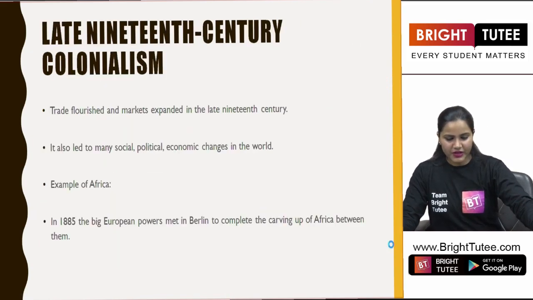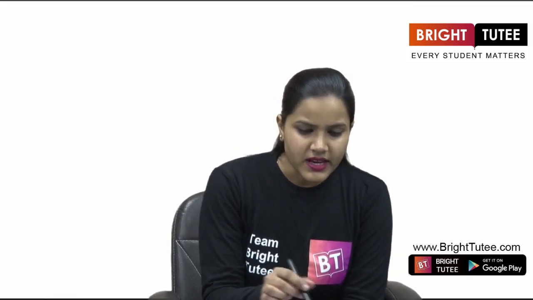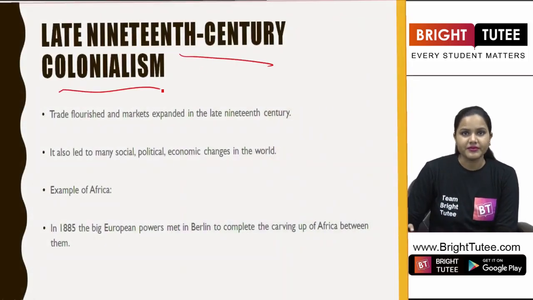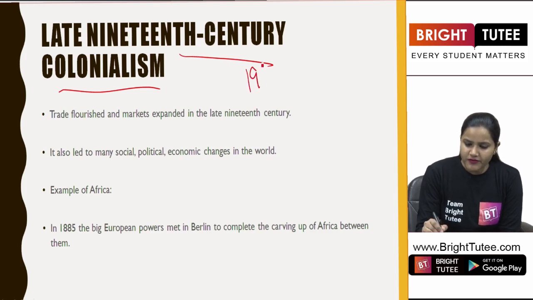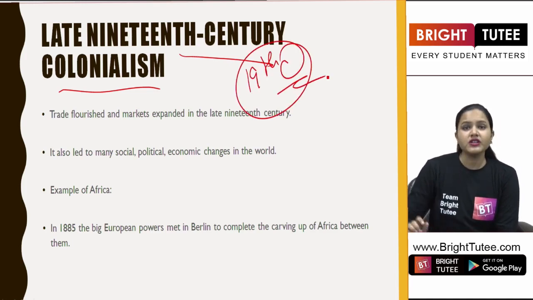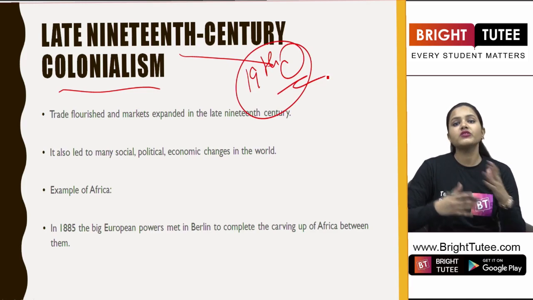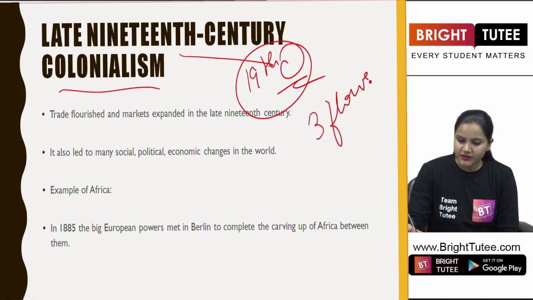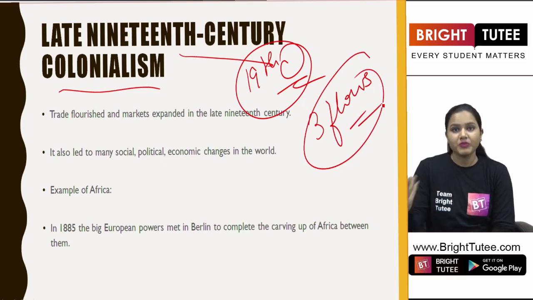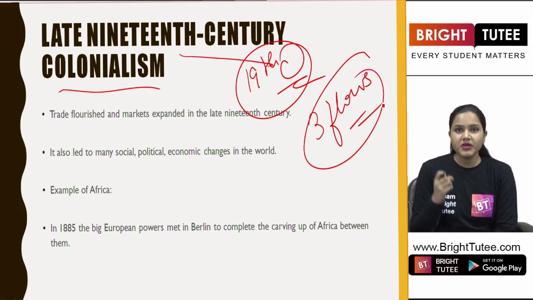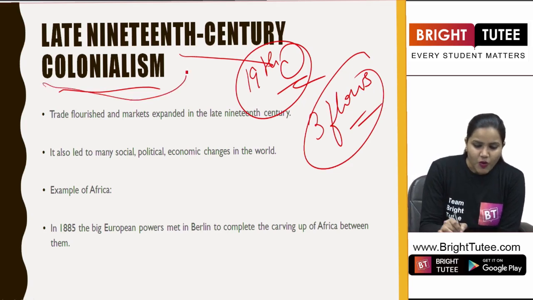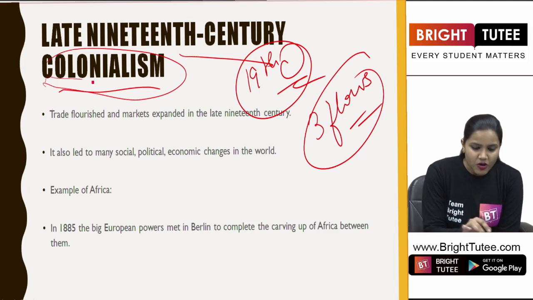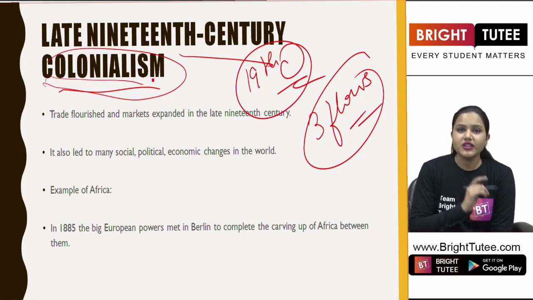The rich European countries. Now students, let's talk about the late 19th century colonialism. Till now, you have learnt about the situation of the 19th century and the three types of flows that were happening according to the economists, correct? So what was happening in the late 19th century here? The term colonialism is again not new for you.